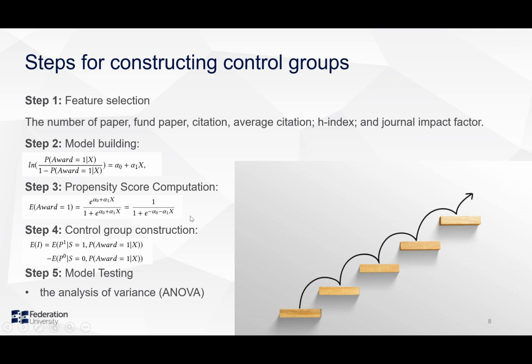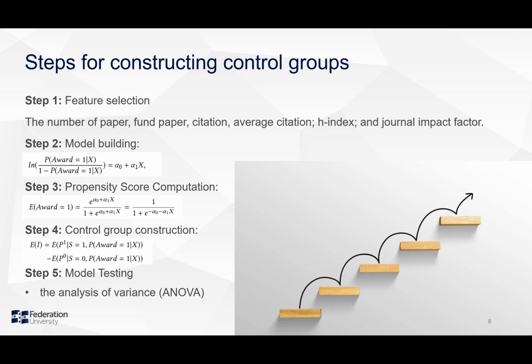According to the propensity score, the control group is selected as the object closest to the treatment group. Academics in the treatment group are recorded as S equals 1, and vice versa. So the difference between these two groups is defined as this.